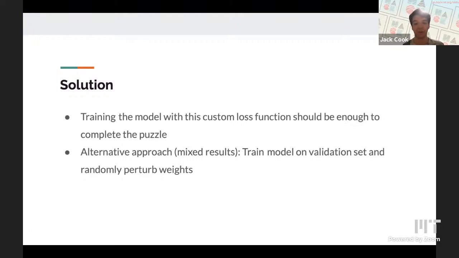And so you get a very high accuracy at the start, and then you randomly perturb the weights so that it matches the message that you need. And the idea is if you start off at such a high accuracy because you train on the validation set, it shouldn't matter that you are randomly changing the weights because your accuracy is already so high. So yeah, these are the two, I think, most popular solutions to this puzzle.